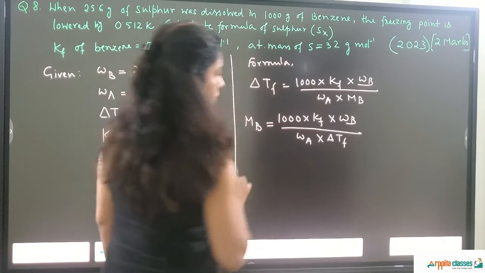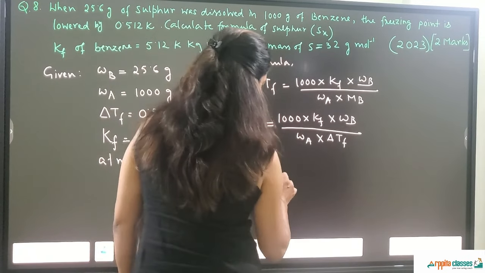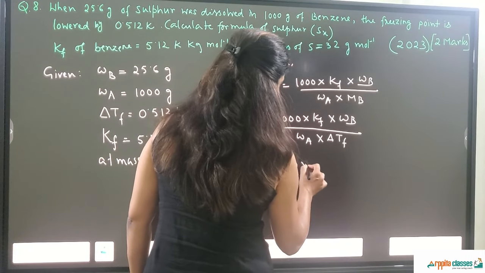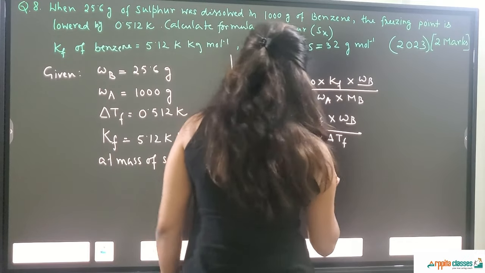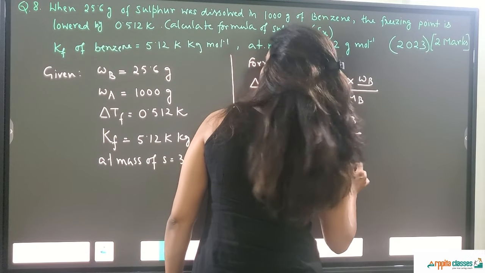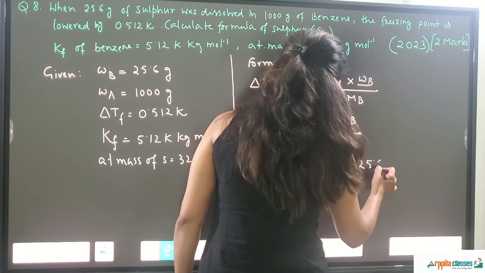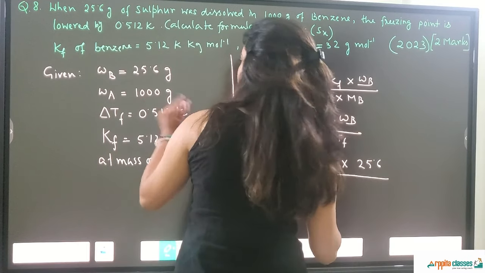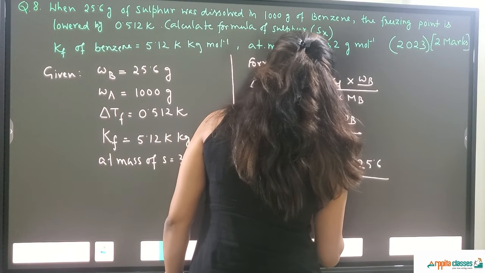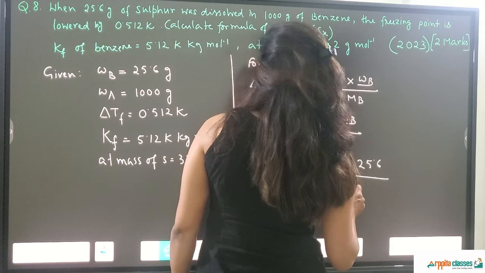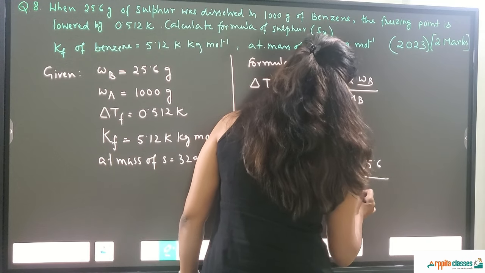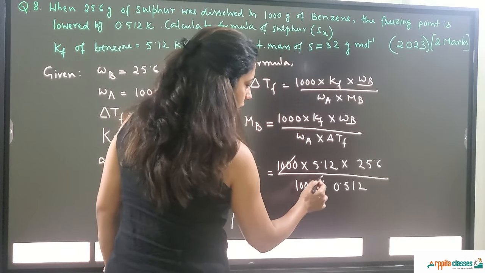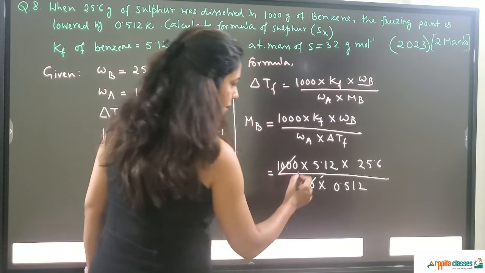Let's put all the values and get the value of Mb. So this is 1000 into Kf, Kf is given 5.12, into Wb, which is 25.6, divided by Wa, that's your 1000 again, into delta Tf. Delta Tf is 0.512. So if you calculate this, 1000 and 1000 will get cancelled. I'll remove the points.